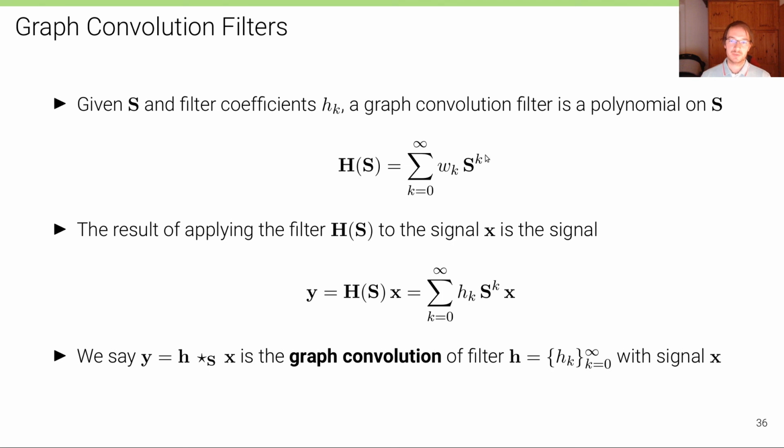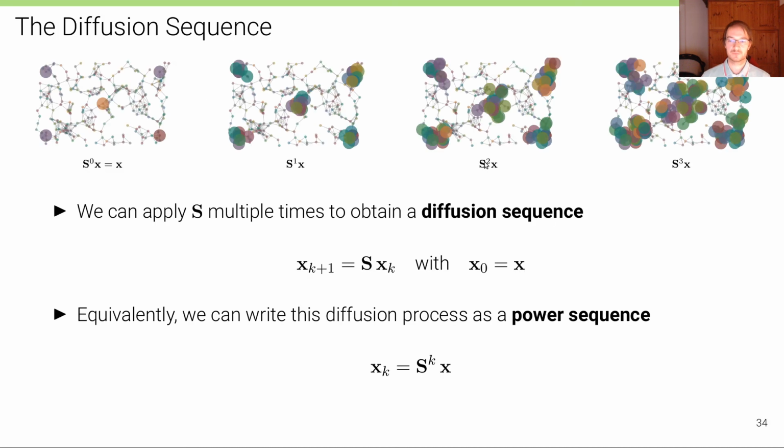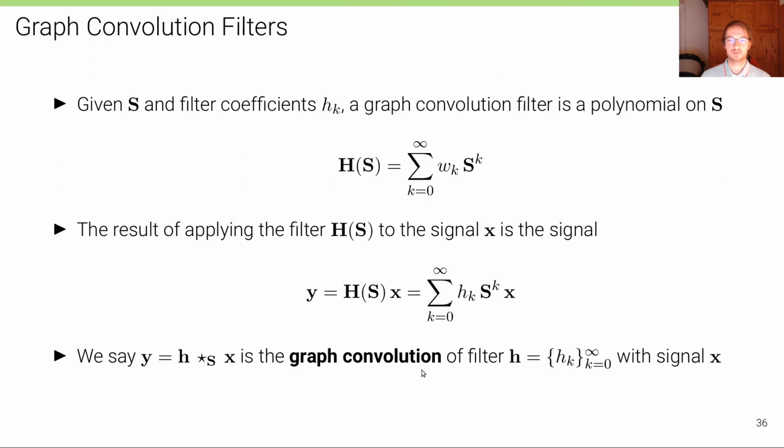So what we see here is basically the diffusion, this is the power sequence. This is basically the shift operator to the power of k. And because we can do this for any k, we can define such a sequence.